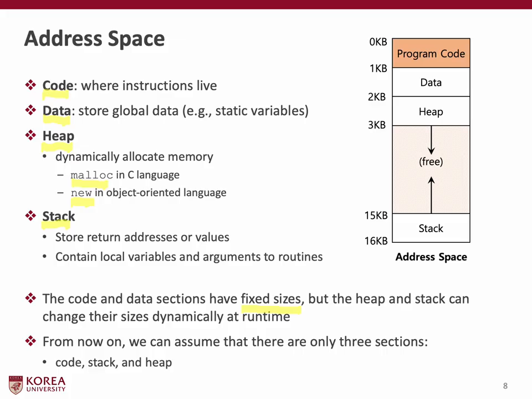So compared to code and data sections, the heap and stack sections can grow and shrink while the program is running, like these arrow directions. And from now on, we can assume that there are only three sections: code, stack, and heap. This is just for simplicity of our explanation.